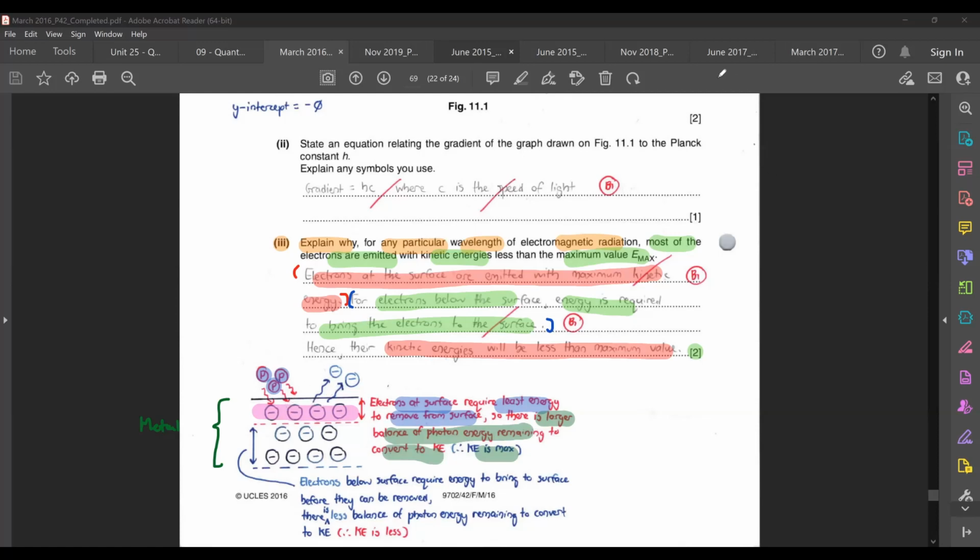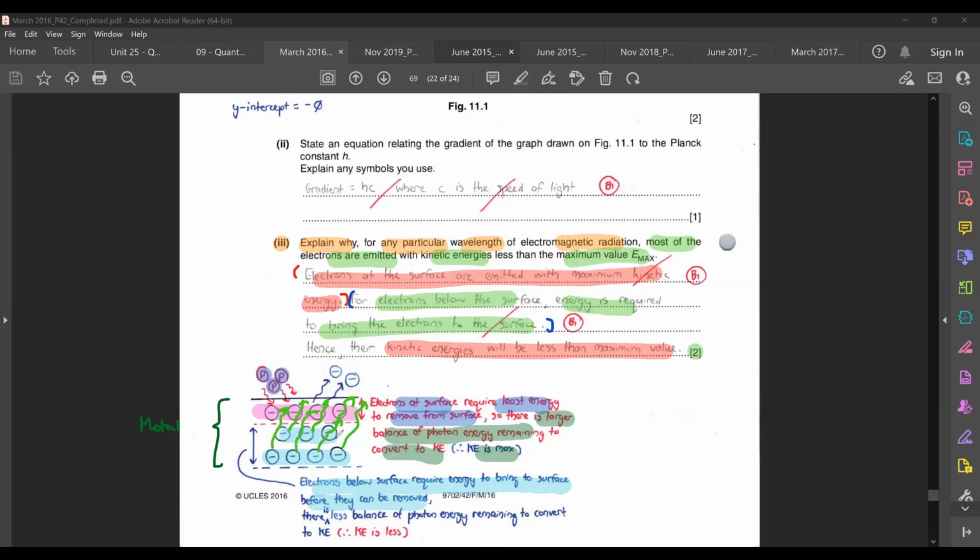But if you're talking about electrons below the surface, like the ones right over here, they will still be able to escape. But before they can escape, you need to use energy to bring them to the surface. You need to go up in the first place before you are able to escape from the surface.